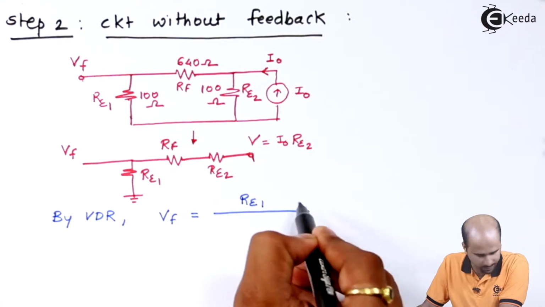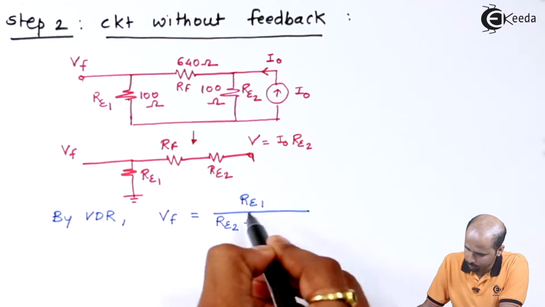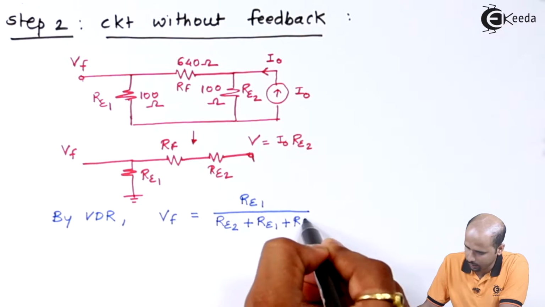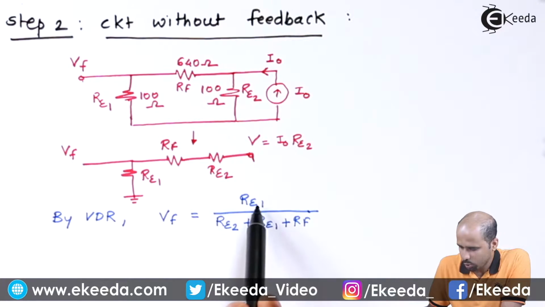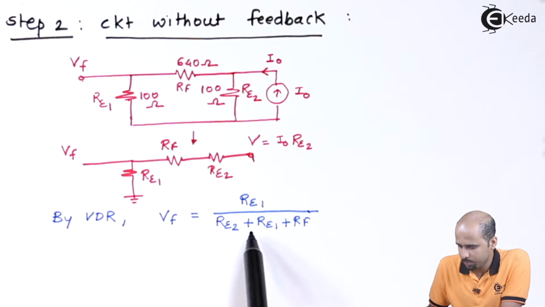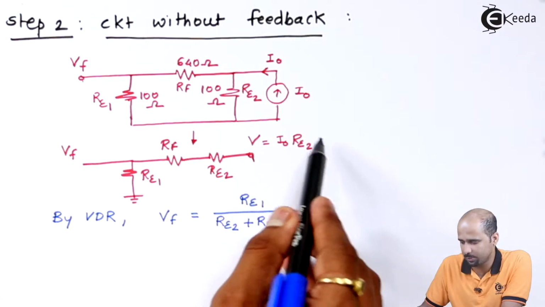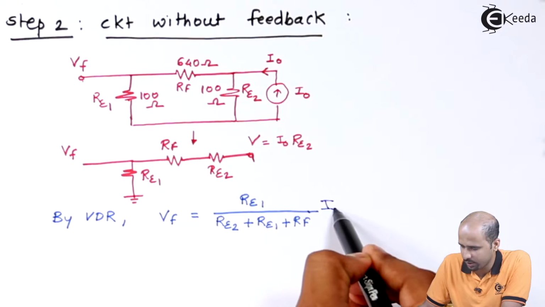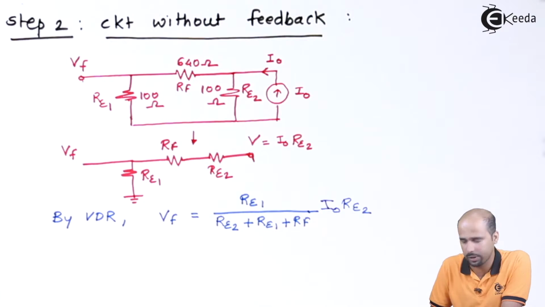VF is equal to RE1 divided by RE2 plus RE1 plus RF, multiplied by the total voltage, that is nothing but V. So that V is nothing but, I will directly write it as IO into RE2, right?